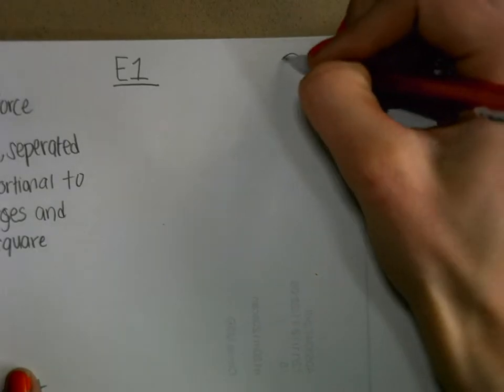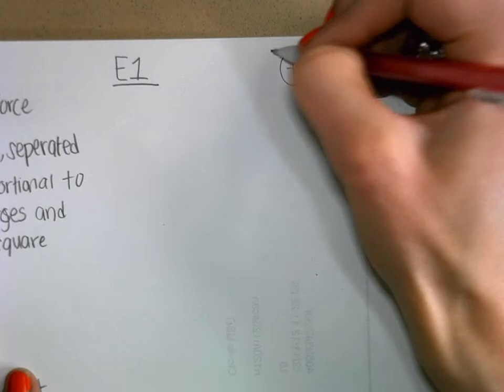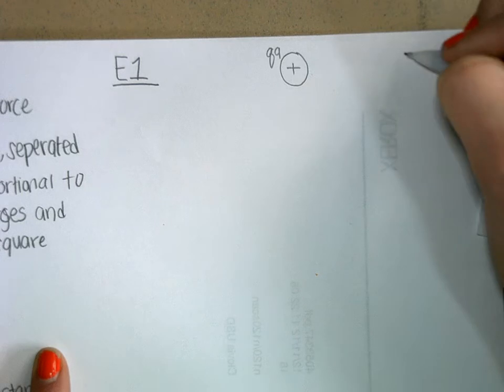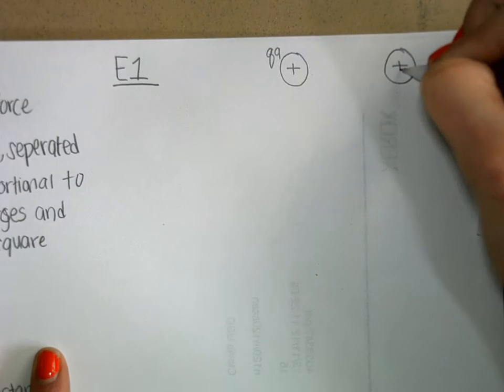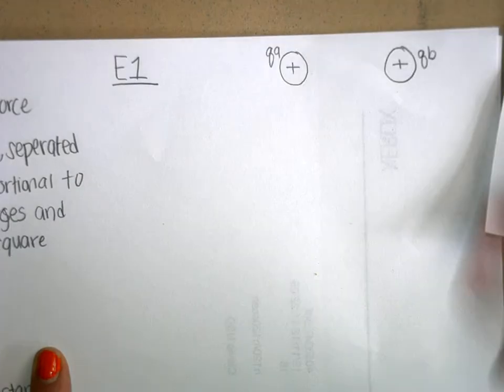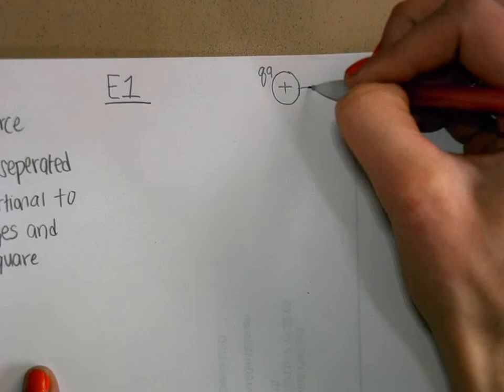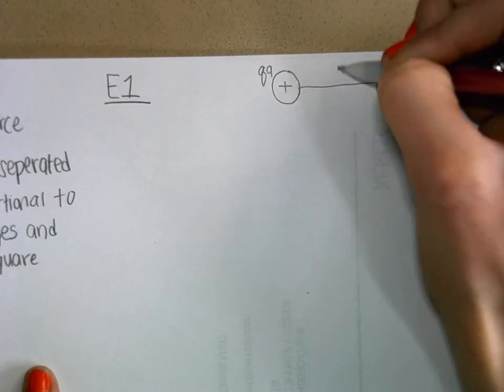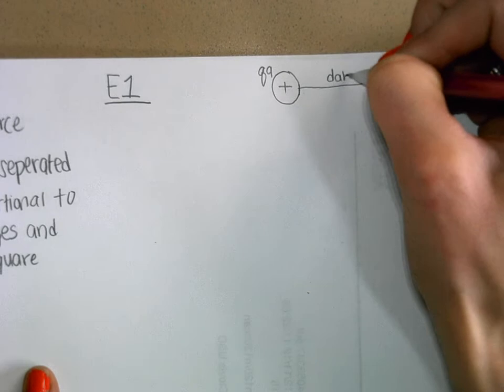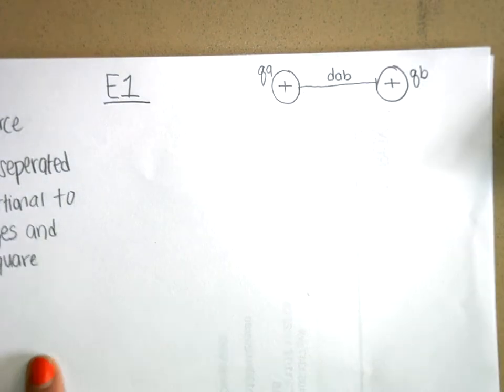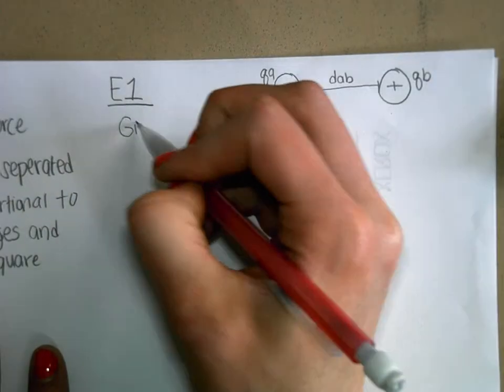So here we have positive charge A, and we have a positive charge B, and they're going to be separated by a distance. Here's the distance between A and B. So let's write out your givens.